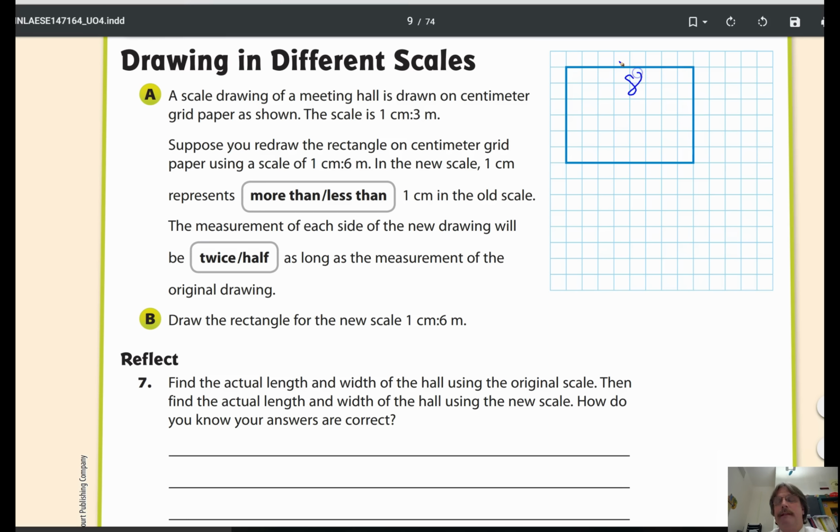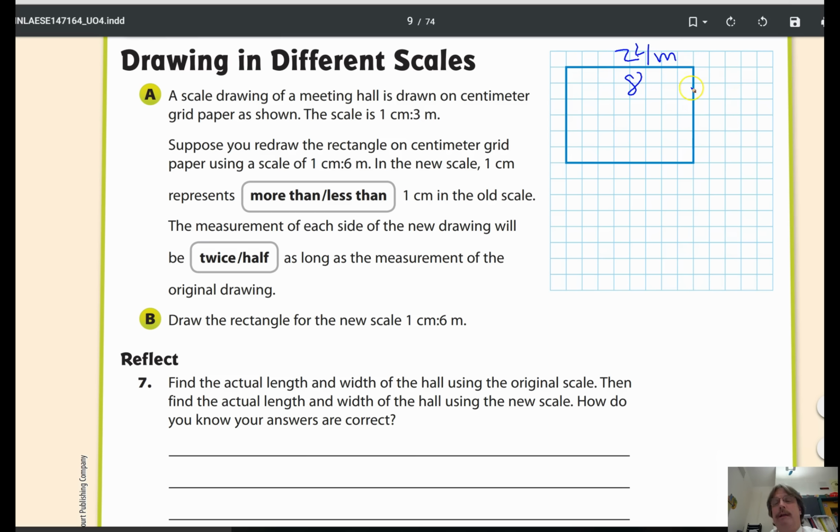I'm going to put that on the inside. But for every centimeter, it's 3 meters. So if I just count this and skip count, 3, 6, 9, 12, 15, 18, 21, 24. So that's 24 meters.